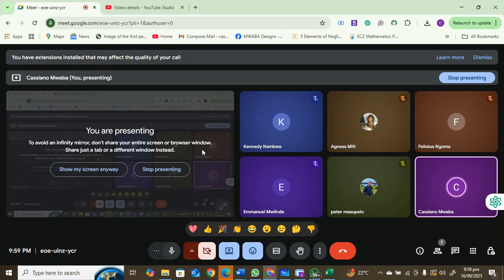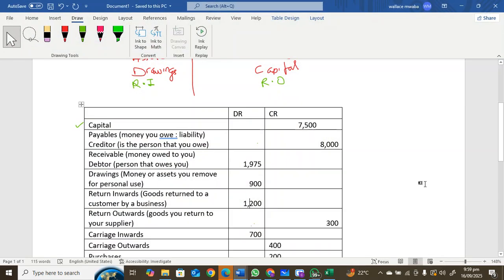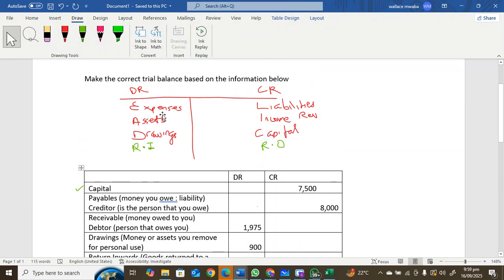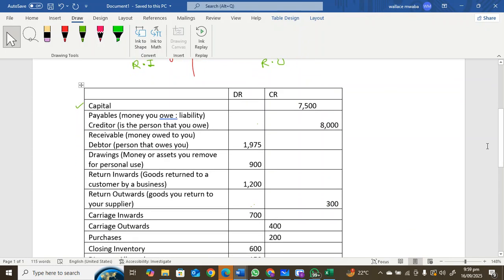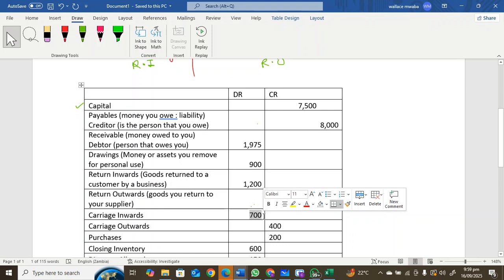That's carriage inwards. So it's an expense. It means, according to our diagram here, expenses go on the debit side. So carriage inwards is an expense.